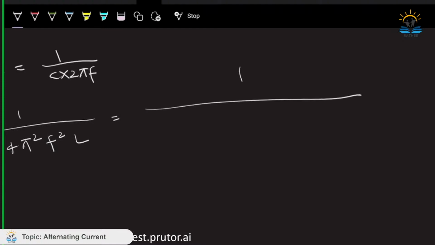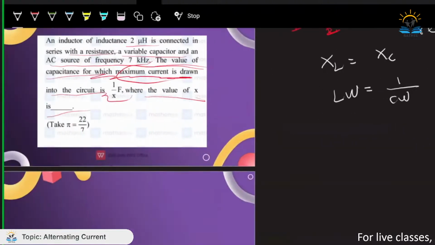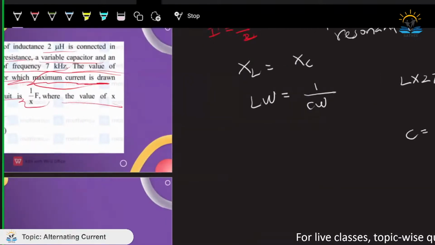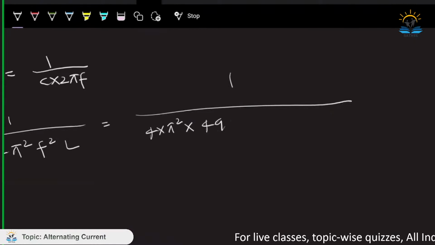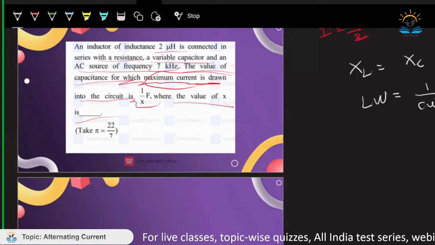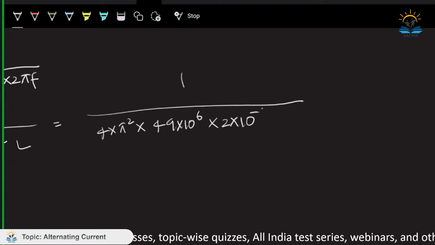C equals 1 by 4 into pi square into frequency squared into L. Frequency is given as 7 kilohertz, 7 into 10 raised to 3, so its square will be 49 into 10 raised to 6. And inductance is given as 2 microhenry, which is 2 into 10 raised to minus 6.